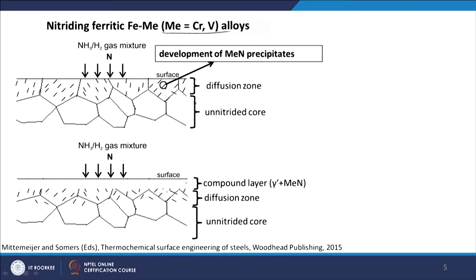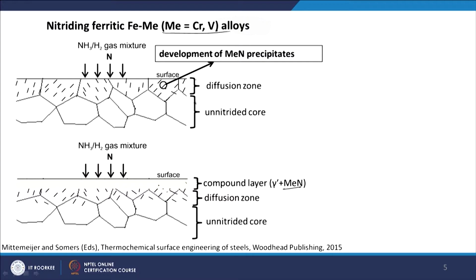This iron nitride layer grows not on pure iron, but from a ferrite with nitrides. That means this growing layer is a composite nitride layer, a gamma prime matrix with these nitrides inside.